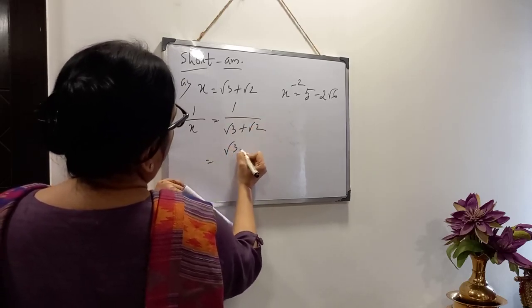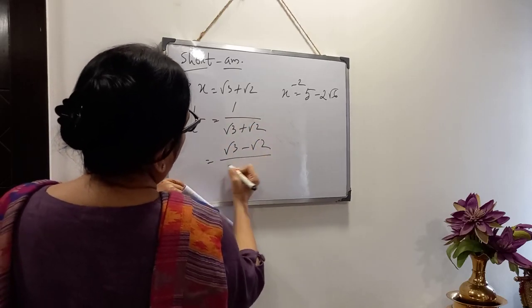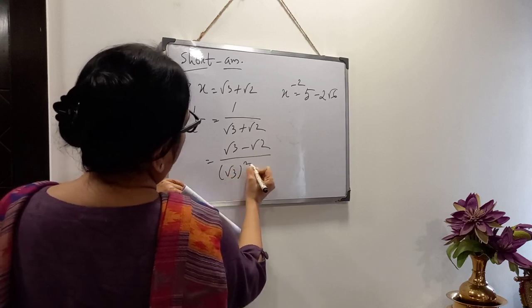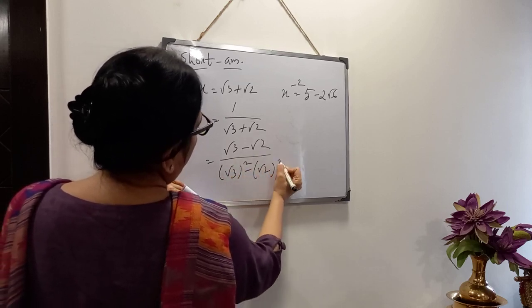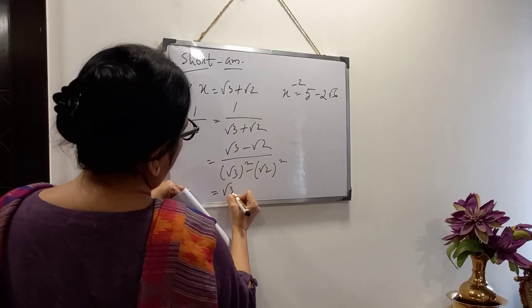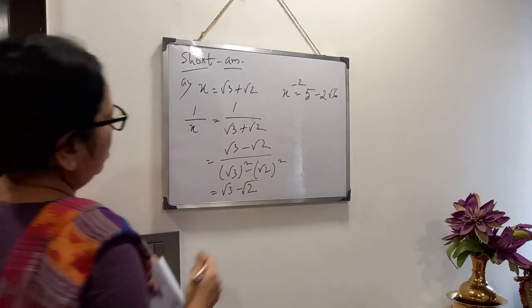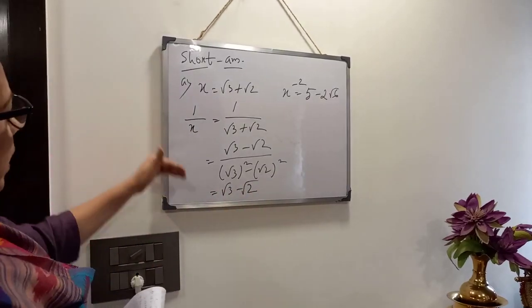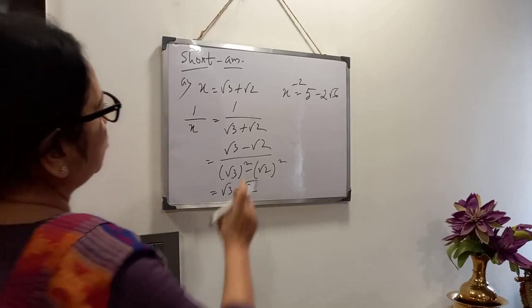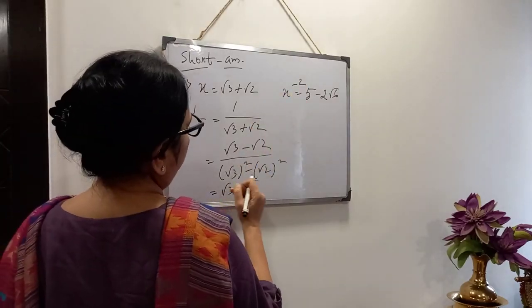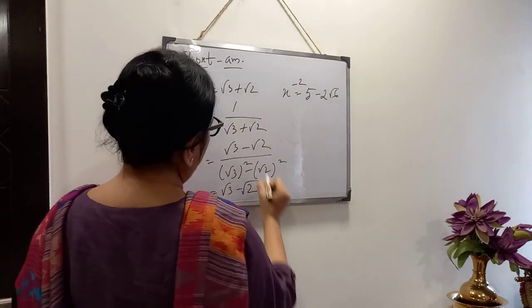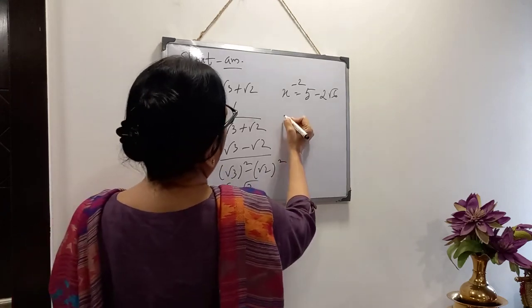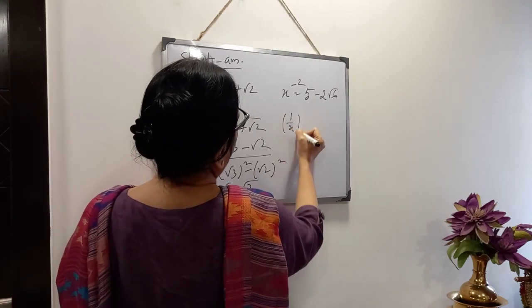We will multiply this by the conjugate. So denominator will come this. So 1 by x is coming this. Now x to the power minus 2 means 1 by x whole square. So this one will square both sides. Squaring both sides.